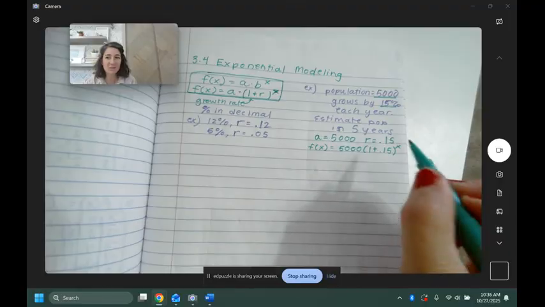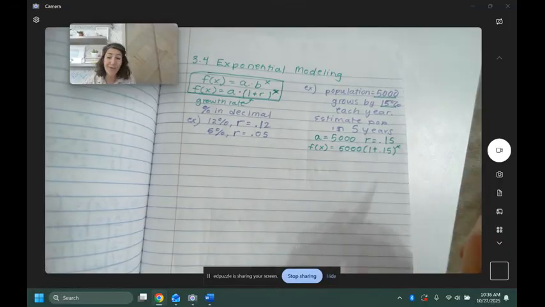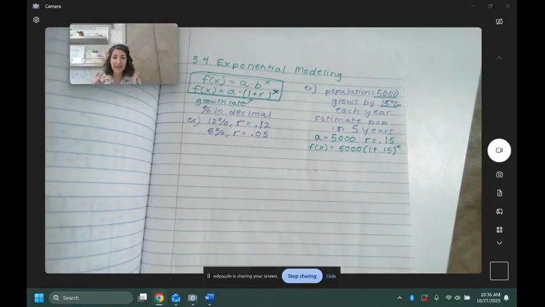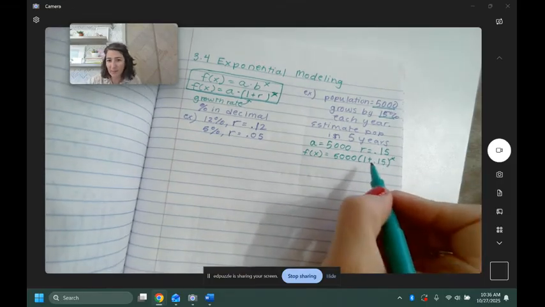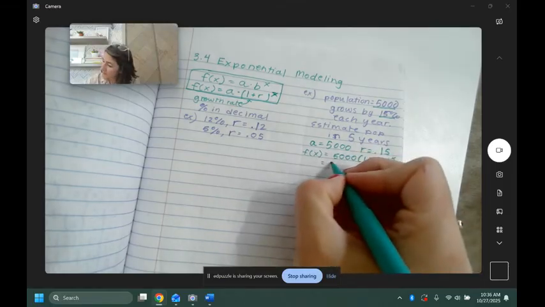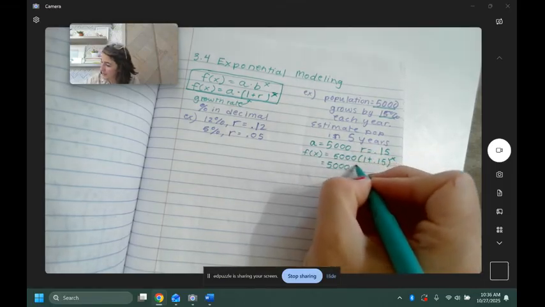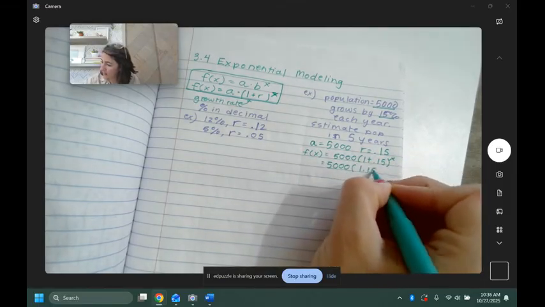Sometimes some textbooks put this as t for time, because often exponential is looking at the course of time. How did it grow? How did it shrink? Whatever. So let's simplify this a little bit. In parentheses, 1 plus 0.15. 5,000 times 1.15 to the x.